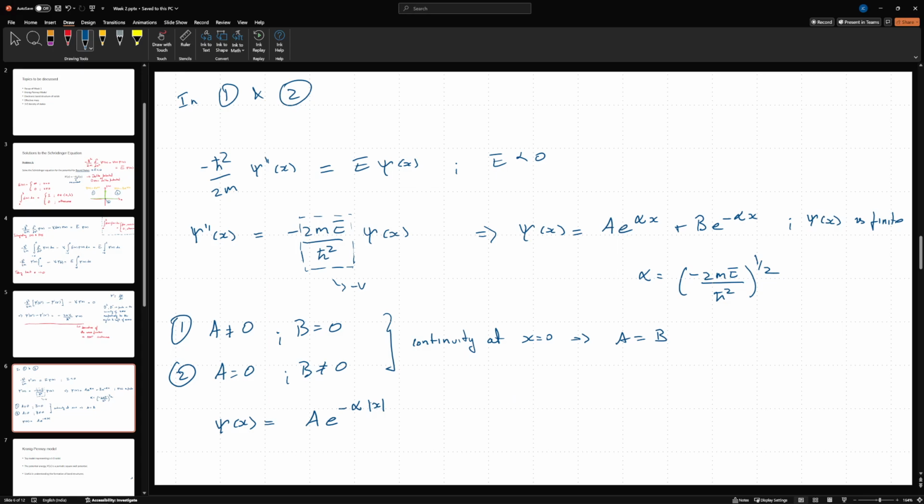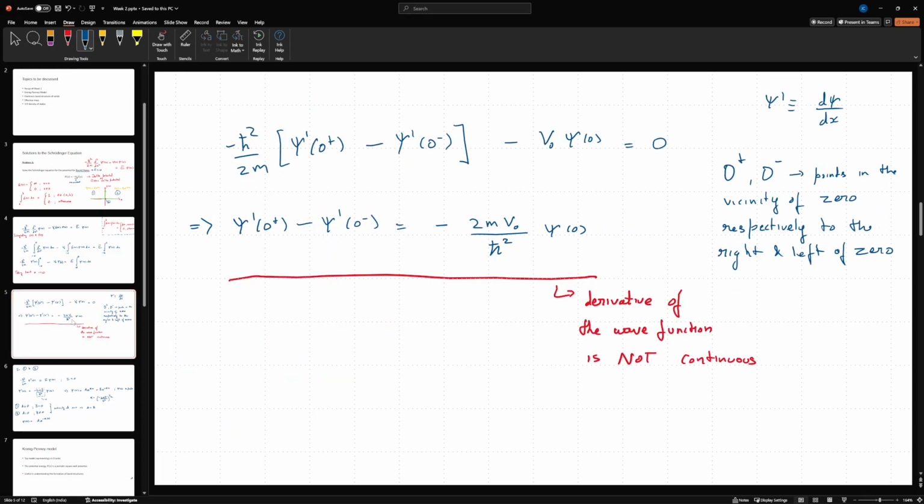The minus and plus sign flip can be combined. So when x is negative, mod x will give me a positive value, and this will be a negative exponent, and it will vanish to 0 as x tends to minus infinity. And for positive values, it will be x and again vanish as x tends to plus infinity. So the wave function is finite everywhere. It is also continuous.